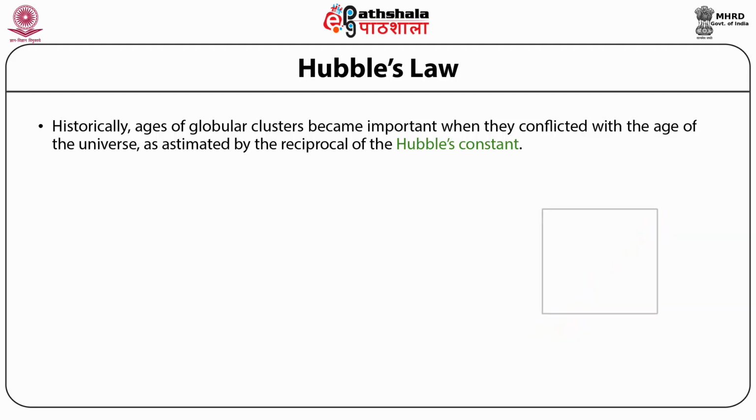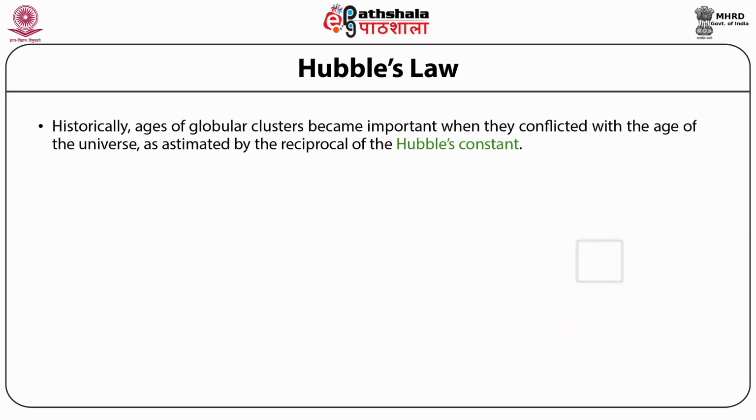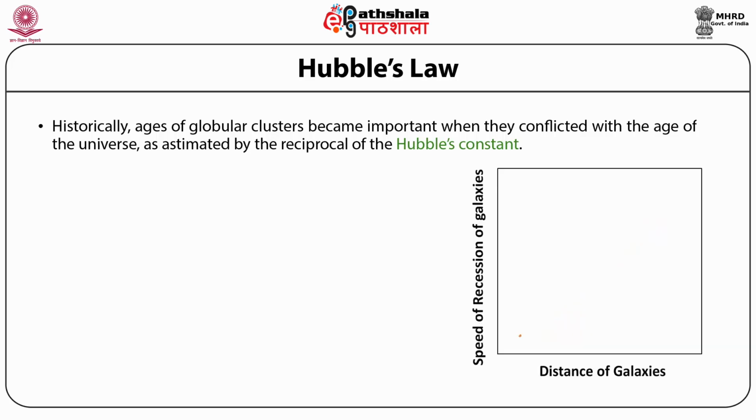As you might know, Hubble made a remarkable discovery in the earlier part of the 20th century that all the galaxies are moving away from each other. The speed of recession of a galaxy from us is proportional to its distance, as shown in this figure.